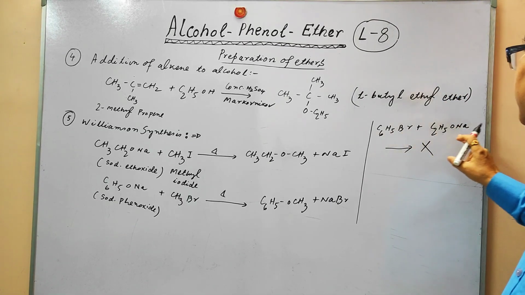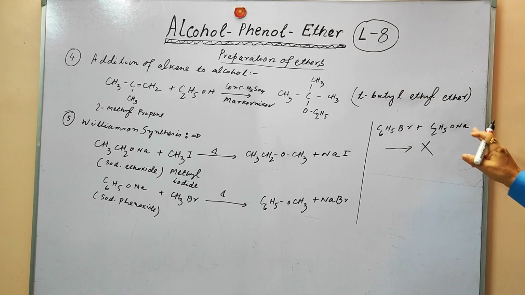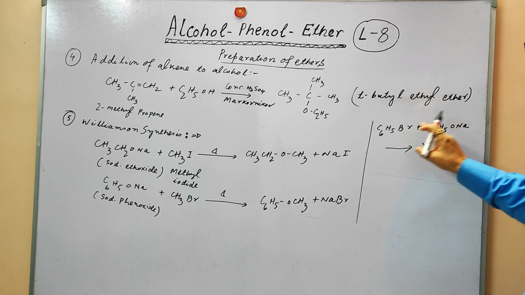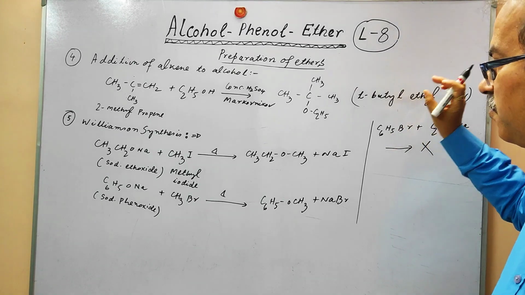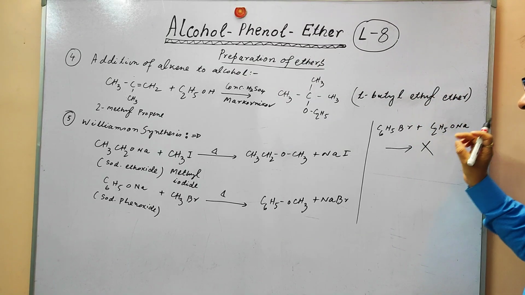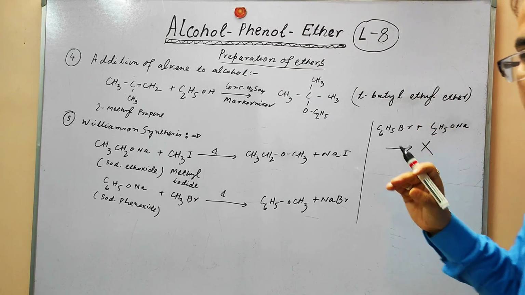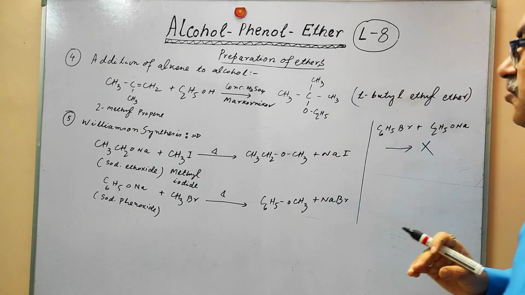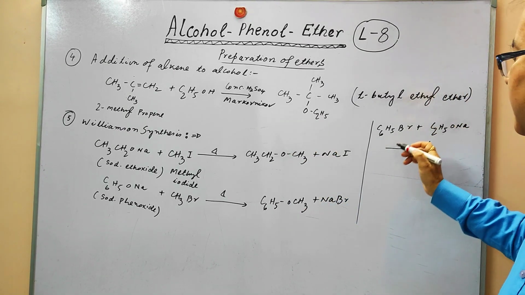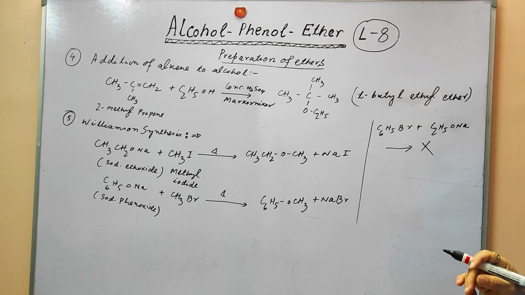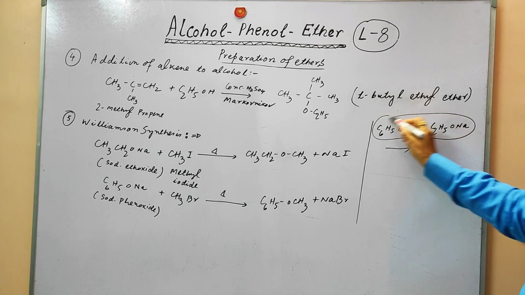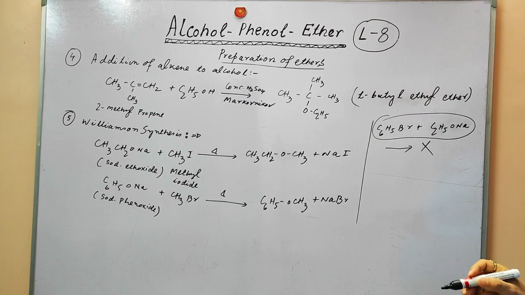So this reaction is not very much feasible. This reaction does not happen because the bromobenzene is not reactive towards this nucleophilic substitution, but the alkyl halides are much more reactive than this. So this is not going to happen.